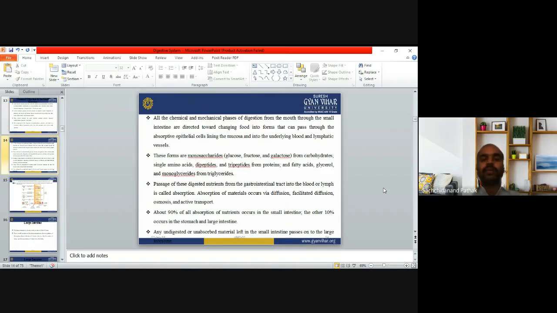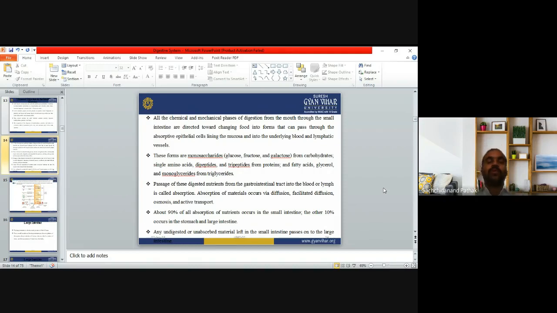All the chemical and mechanical phases of digestion from the mouth through the small intestine are directed toward changing food into forms that can pass through the absorptive epithelial cells lining the mucosa and the underlying blood and lymphatic vessels.